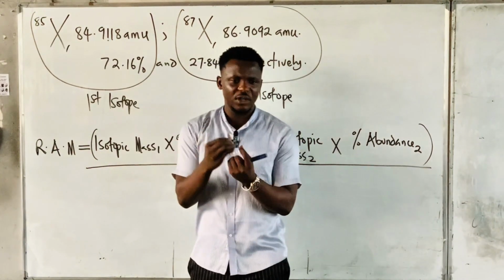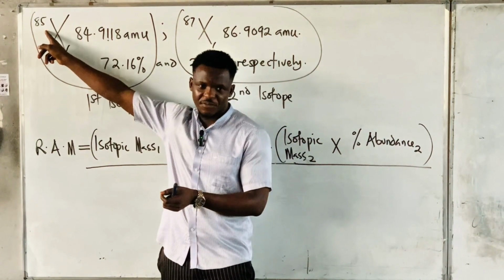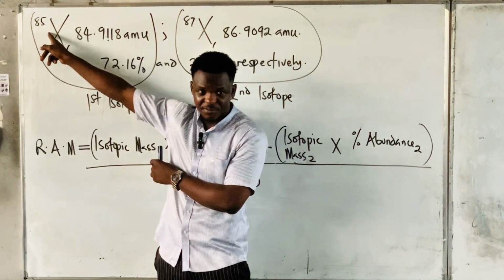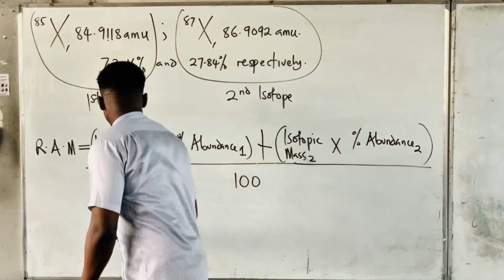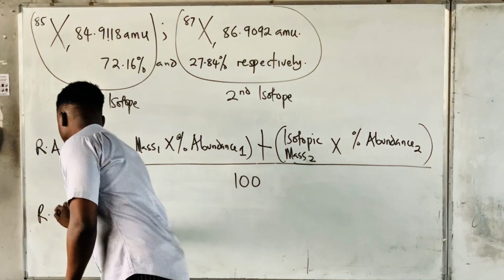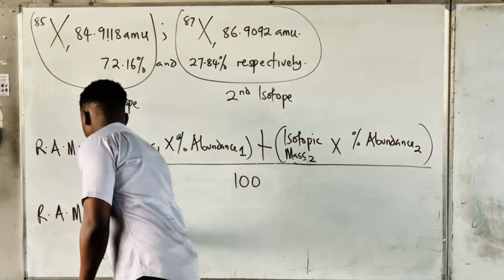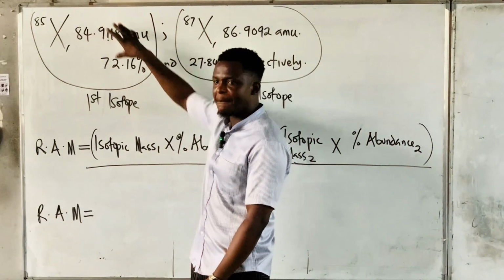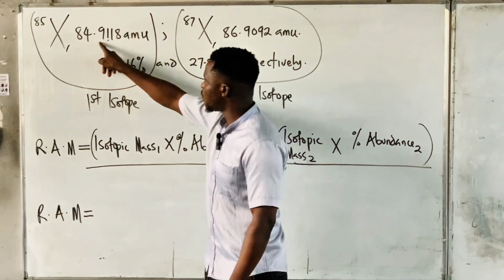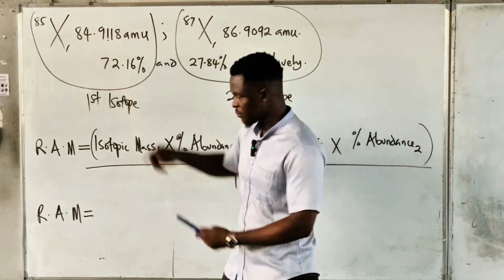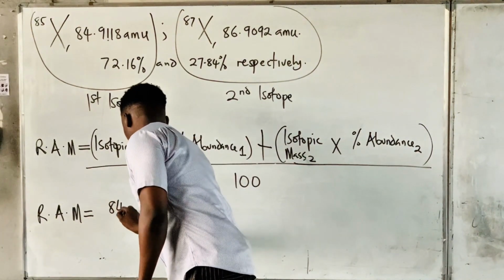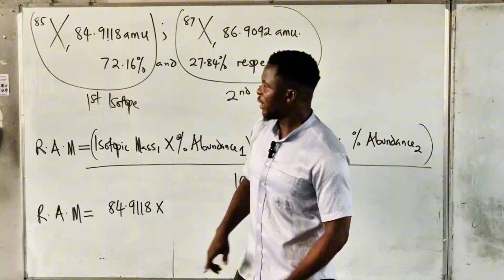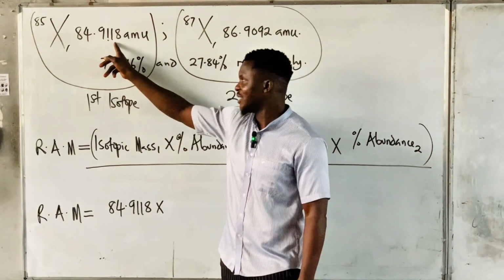But the one you use for calculation is not the 85 itself. It is the approximated value, such that when you approximate, you get 85, right? So you come here, I'll say relative atomic mass, isotopic mass 1. Now, this is the first isotope. So the mass of this first isotope is 84.9118, isn't it so? So I'll say 84.9118 times, what is the percentage abundance of this same first isotope?